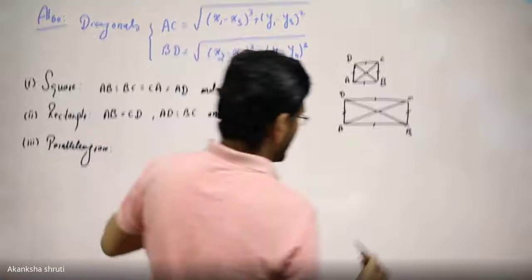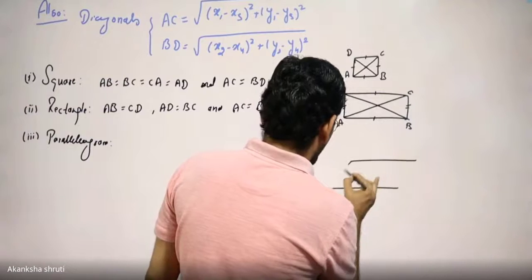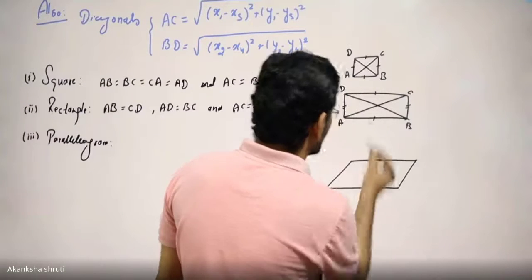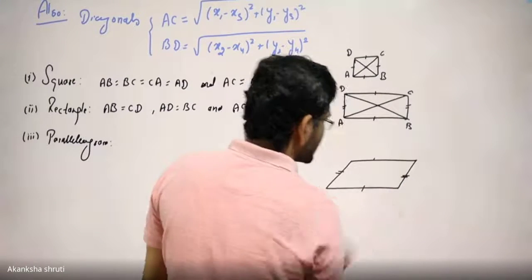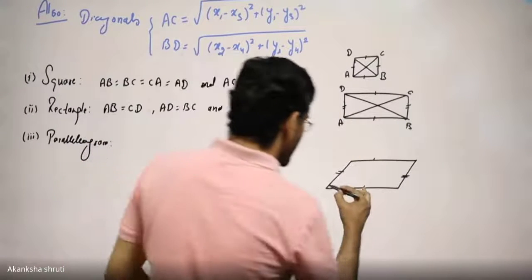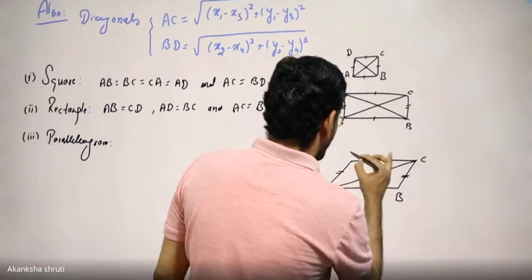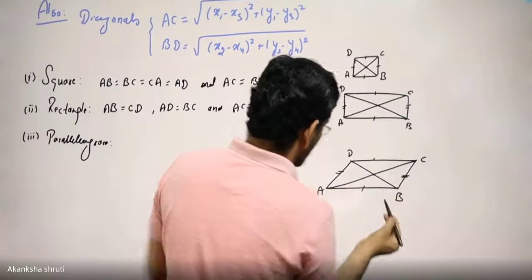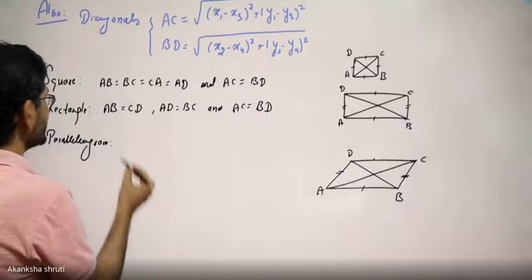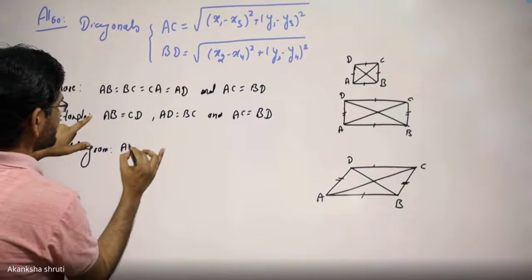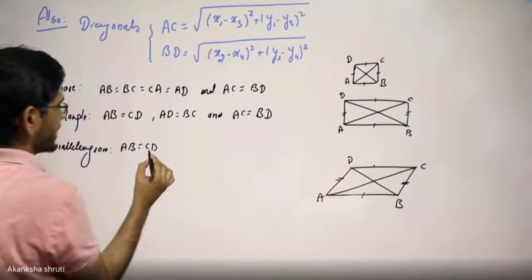Coming to the parallelogram, students, we have learned that the opposite pairs of sides are equal as in a rectangle, but there is another difference, that the two diagonal lengths are unequal. From this figure we can see that the diagonal AC is longer than BD. So we need to write for the parallelogram AB equals CD, and the other two sides are also equal.